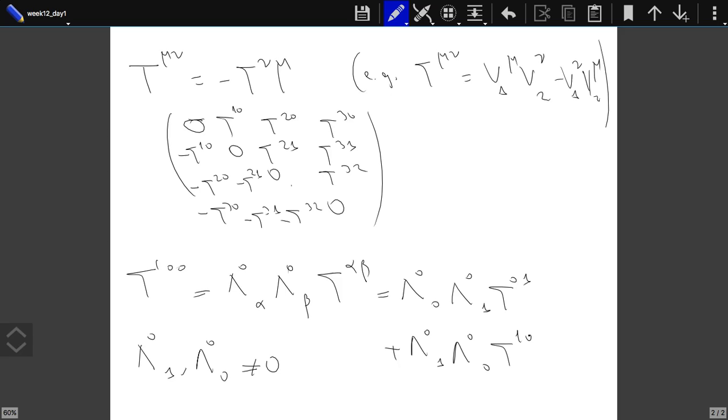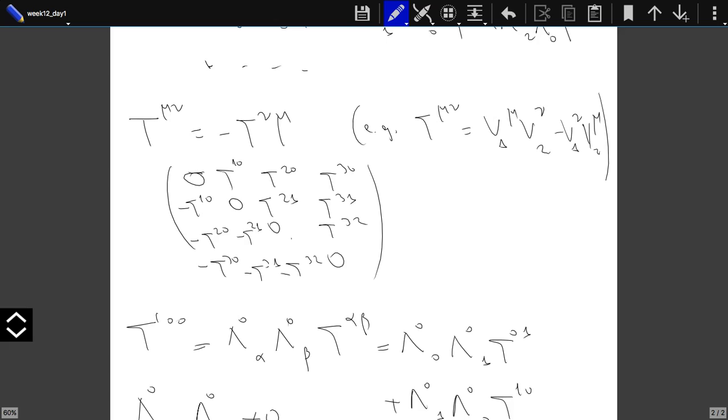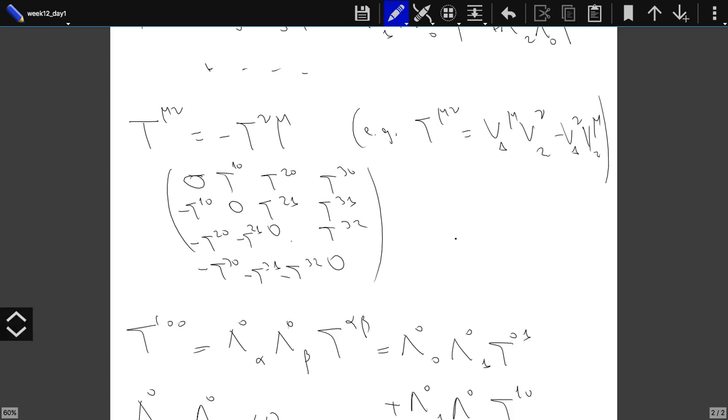How did you write the components of the matrix? You see, this is T mu nu. This is the mu index. This is the nu index. So this row is mu equal to 0, mu equal to 1.